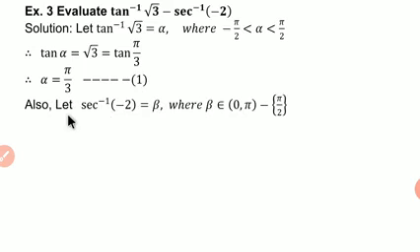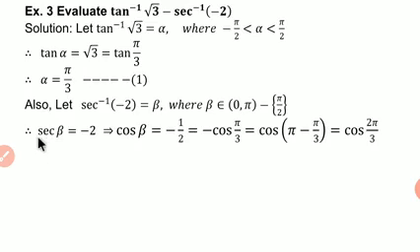Also consider or let sec inverse of minus 2 is equal to beta, where beta belongs to the open interval 0 to pi except beta is not equal to pi by 2. Okay. And now here sec beta is equal to minus 2. From this sec beta, we can find the value of cos beta.